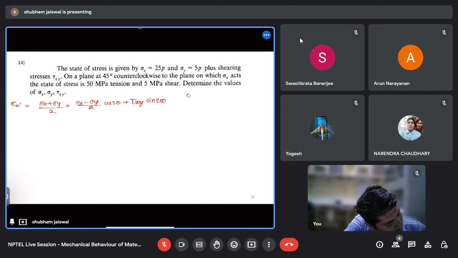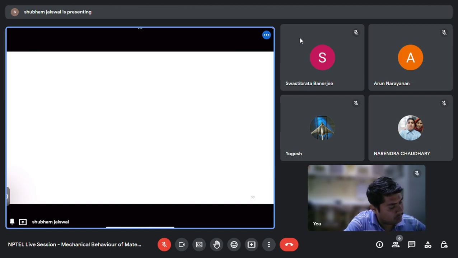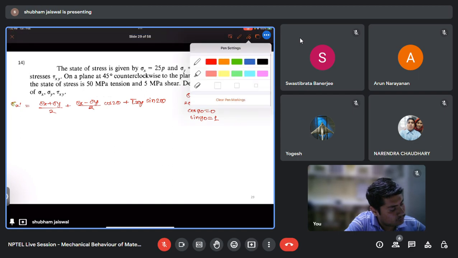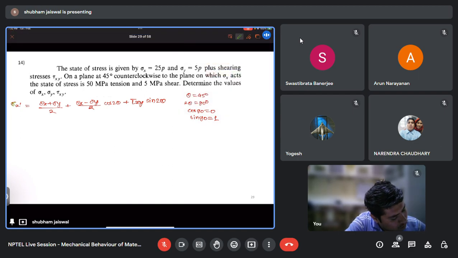As theta is equal to 45 degrees, 2 theta will be 90 degrees, cos 90 is 0, sin 90 is 1. So here the cos term will be 0.